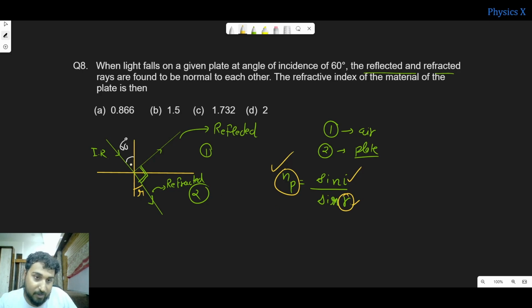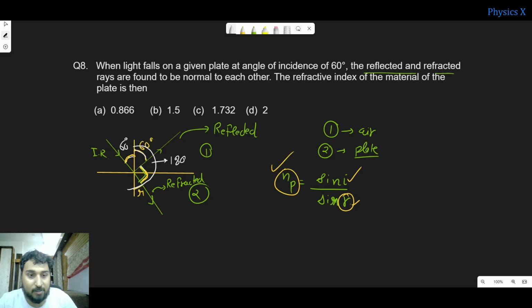So now you know this is 60 degrees. By the law of reflection, this angle is also 60 degrees, right? This angle is 90 degrees, because the angle between these two is 90 degrees. If I consider this complete angle, it is 180 degrees.